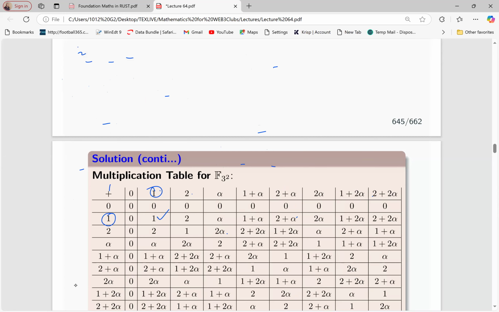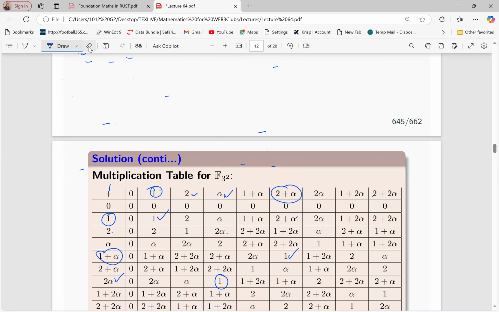The only element that lacks the inverse is 0. The inverse of 2, you can see, is 2. The inverse of 1 plus alpha, you can see, is 2 plus alpha. The inverse of 2 alpha, you can see, is alpha, because their product gives you the identity element.